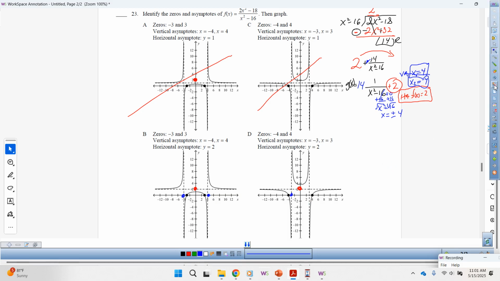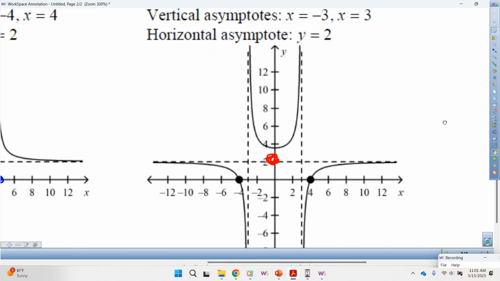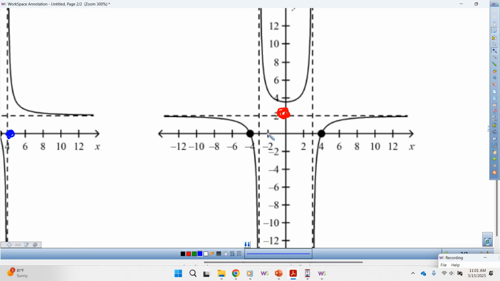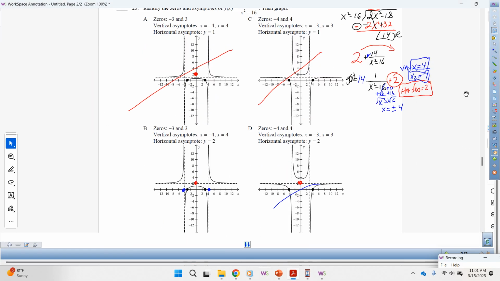Hold on, let me zoom in just to double check. Positive 4 is right here, and the graph is going to positive 4, so it cannot be that one. So the correct answer is B.